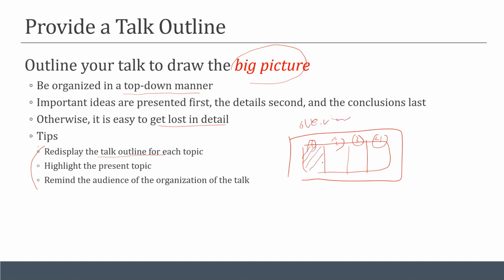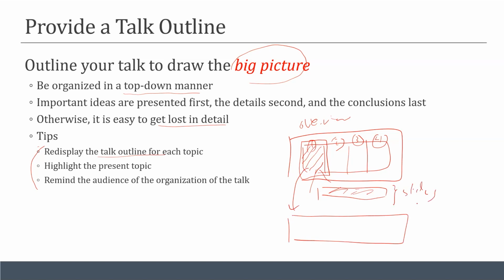Now I'm going to talk about this. And then you start to explain the details of the first step or the first component. And the second time, after several slides here, you show this overview again, now highlighting the second part.